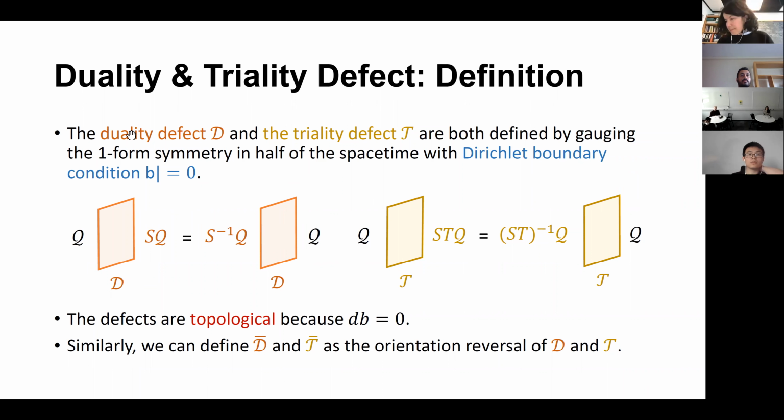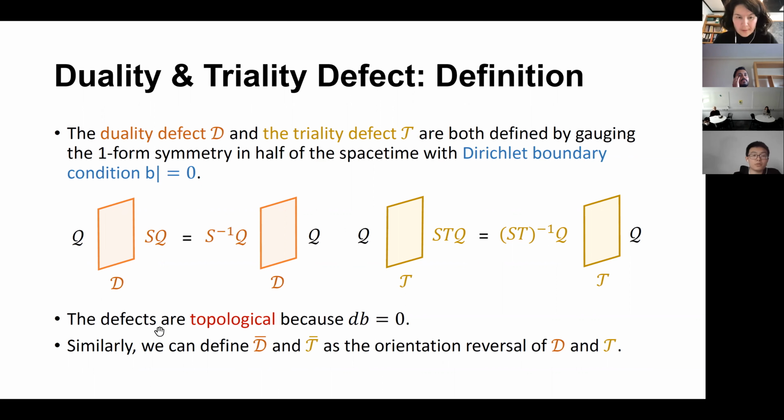Similar to the duality defect D and the triality defect T, we can also define their orientation reversals, which will be important for the discussion later. Let's consider, for example, the orientation reversal of D, which I denote by D bar. If we take an orientation reversal of these pictures, we just rotate the pictures.